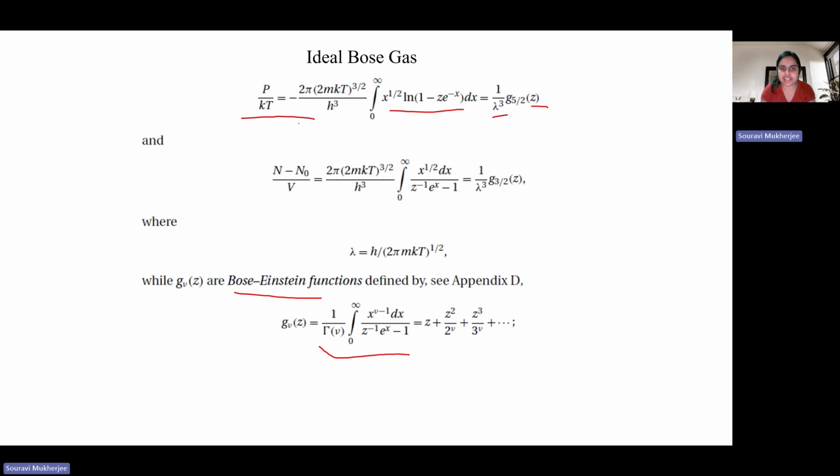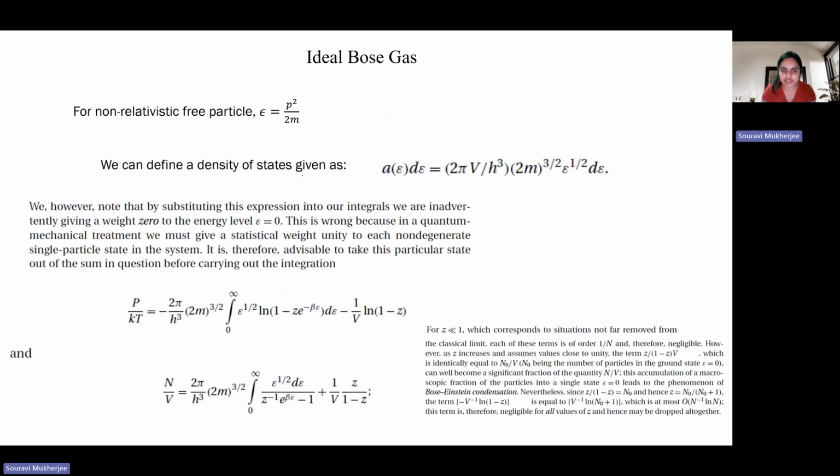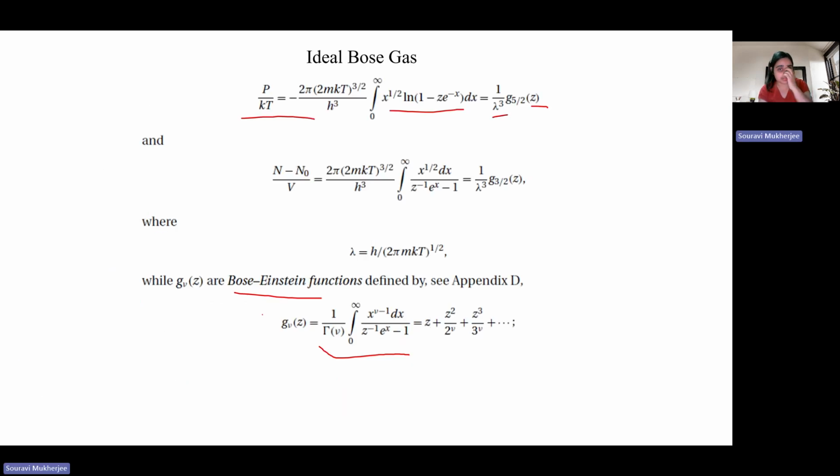Then you have the expression for N minus N0 by V, where you have transferred this term to the left hand side. So this is what you get. Now you can define a function which is a series of all these terms, and this is called the Bose-Einstein function. You can write the pressure, the number of particles and all of that in terms of this function.